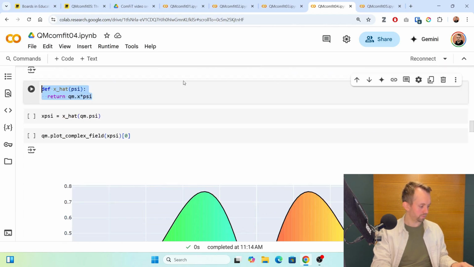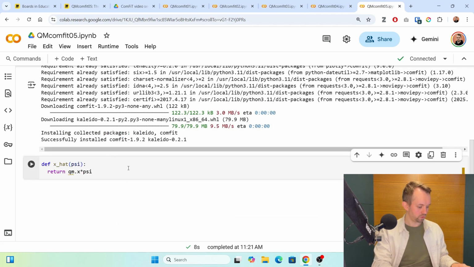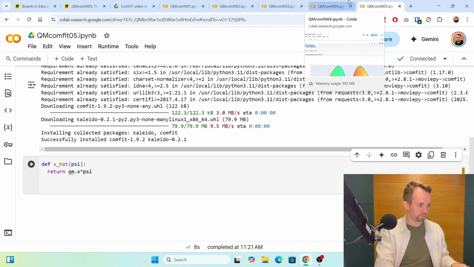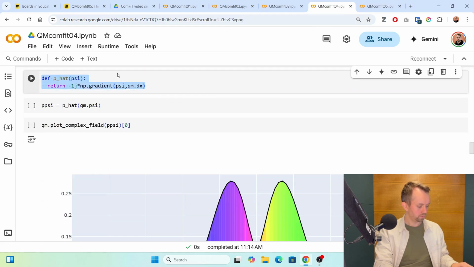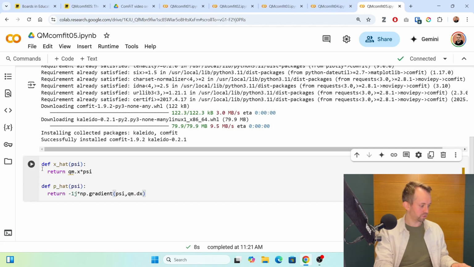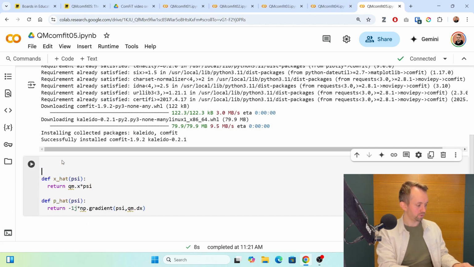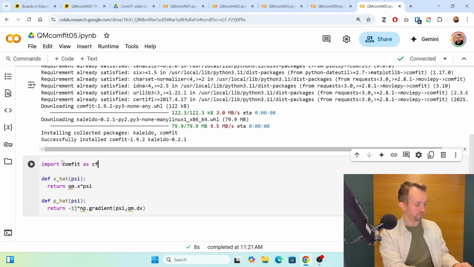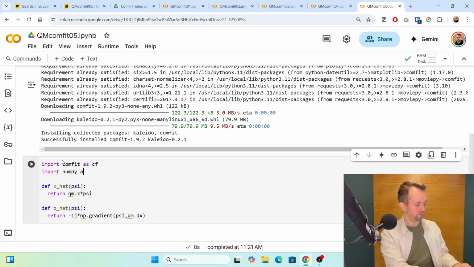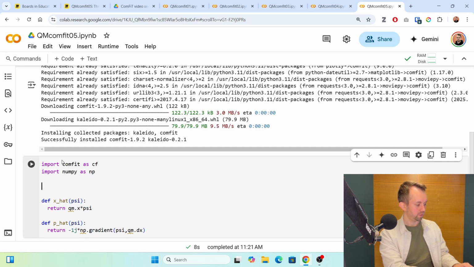We created this x hat function and also the p hat function, which were the position and momentum operators. I'm also going to import confit as CF, import numpy as NP, and then let's create our system.